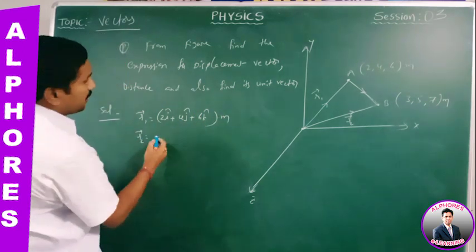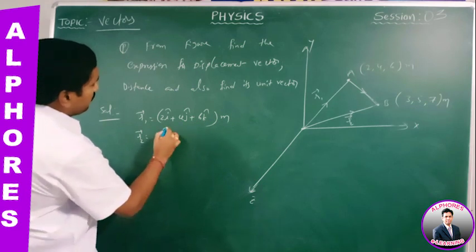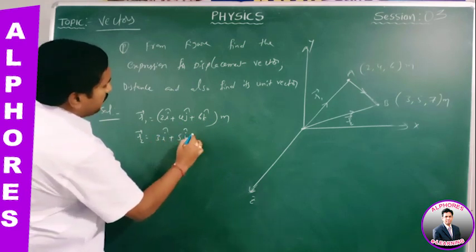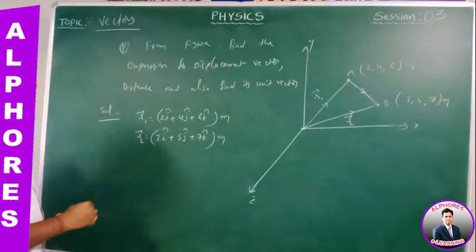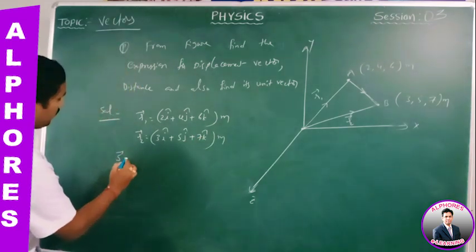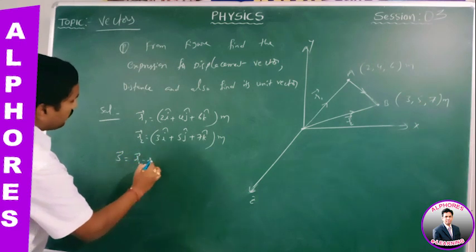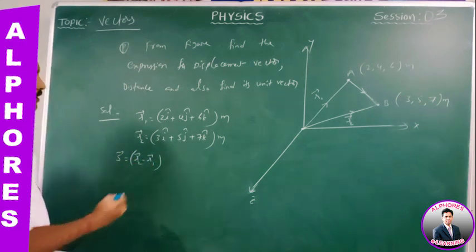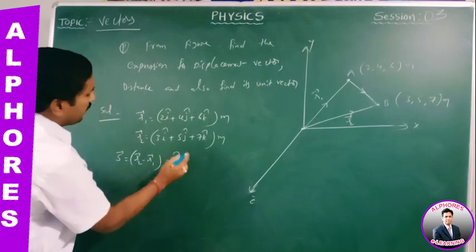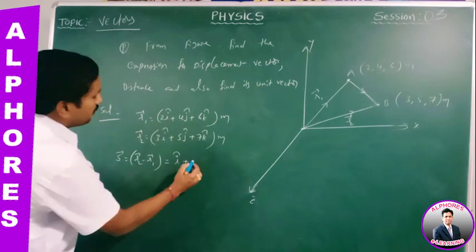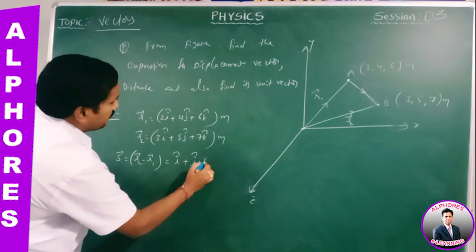As per the second position vector, 3i cap plus 5j cap plus 7k cap meter. Now what is the displacement vector here? S bar is equal to r2 bar minus r1 bar. So 3i cap minus 2i cap gives i cap, 5j cap minus 4j cap gives j cap, and again k cap.